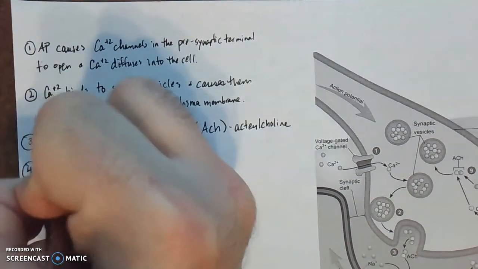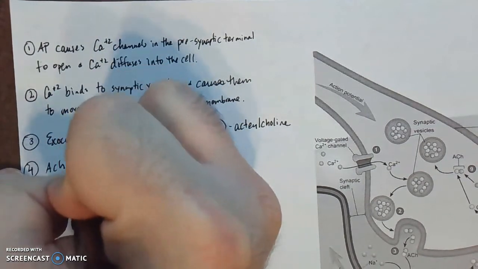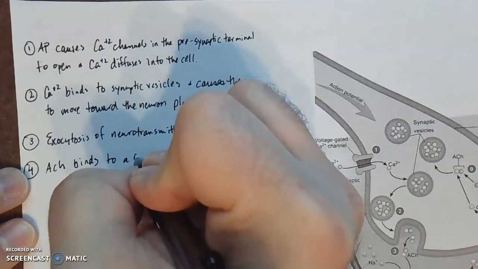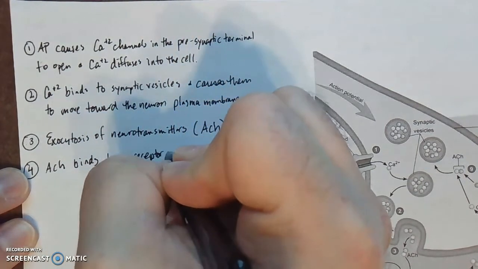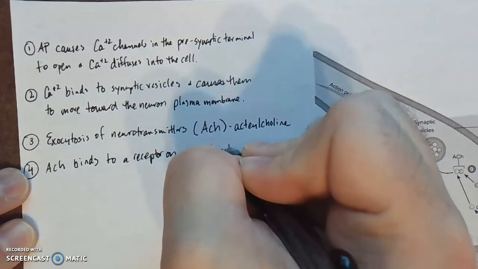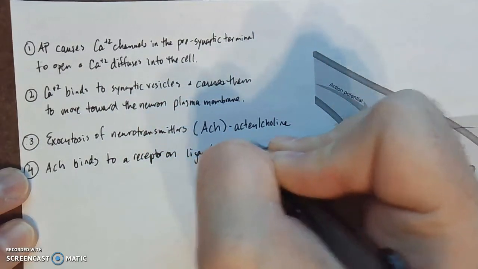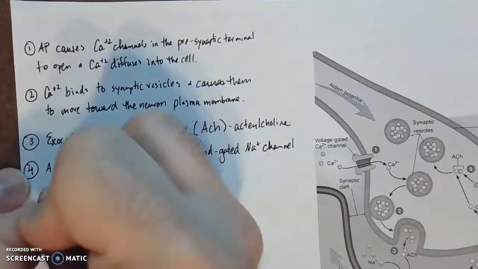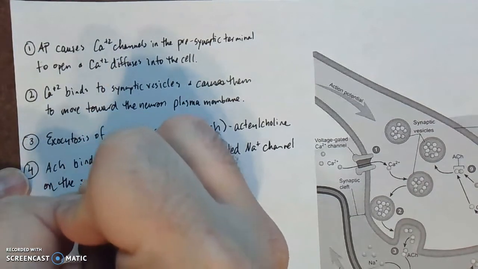So the ACH binds to a receptor on the ligand-gated sodium channels on the sarcolemma.